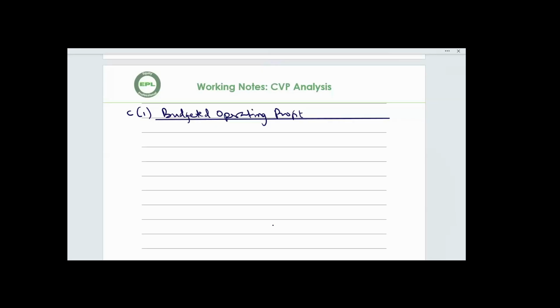So we have common, executive, then total for the company as a whole. 20,000 is for executive. Out of 200,000, the balance of 180,000 is for common. 20,000 is for executive. 180,000 is for common.